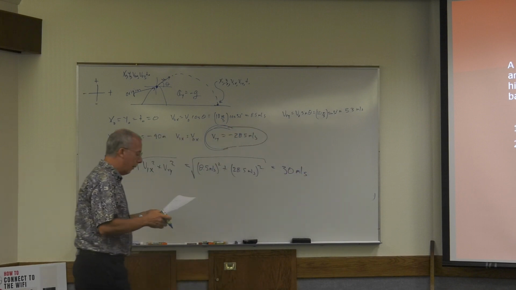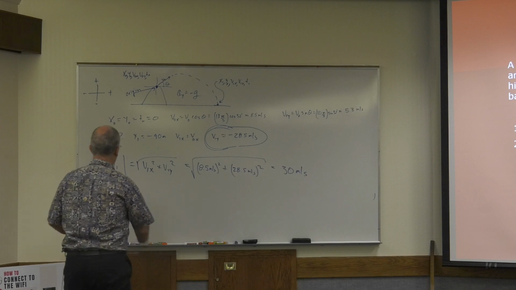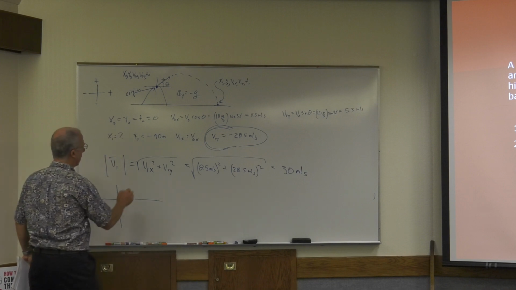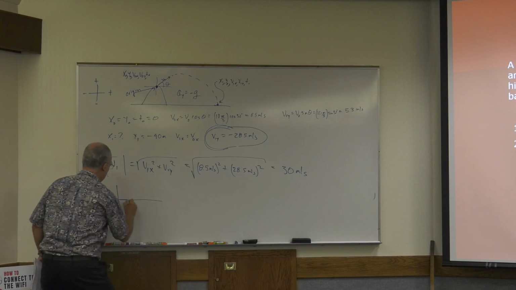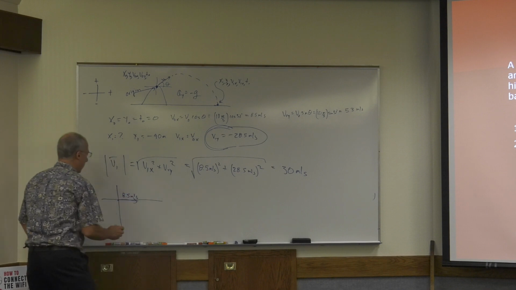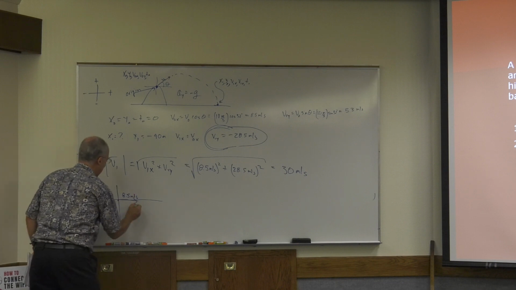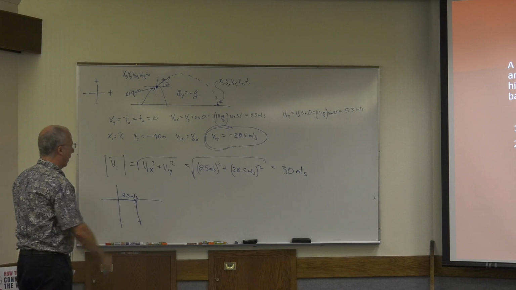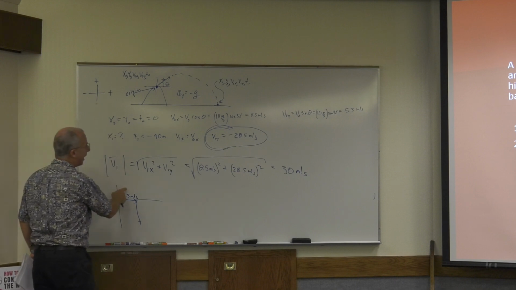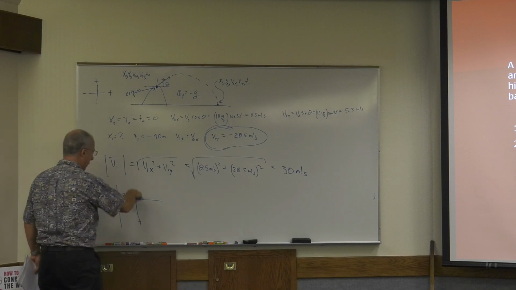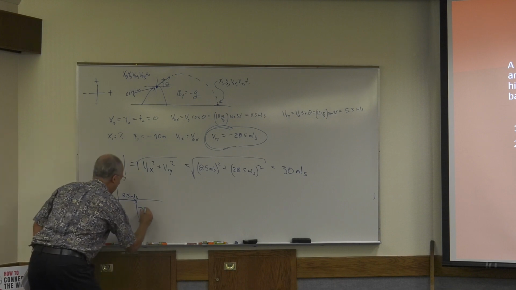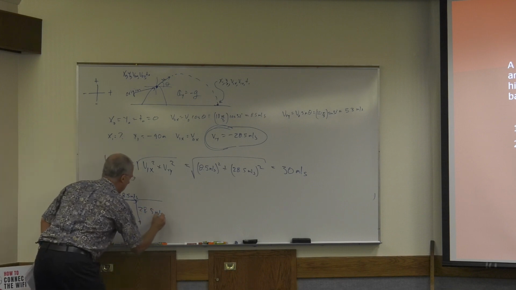Okay, that's the speed. Now we want the direction. So we might as well draw a picture. I think it's worth it. V1x is 8.5 meters per second, and this is not a scale drawing because I ran out of room. Sorry, V1x is 8.5, V1y is 28.5 meters per second down.